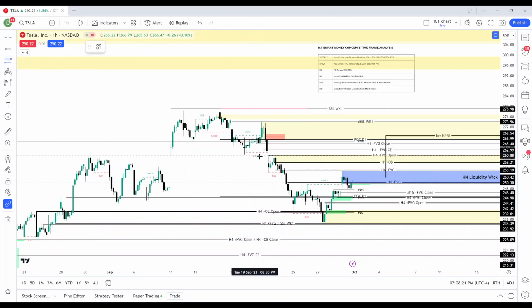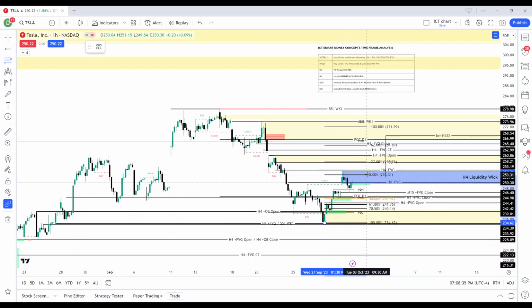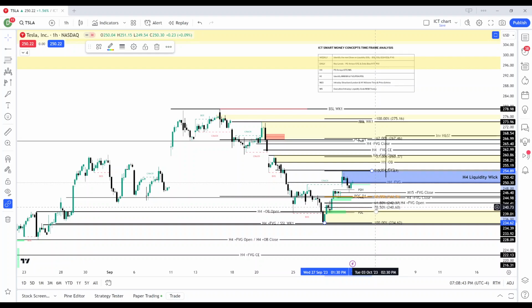Now, what we have set up for is a higher low, lower low, bullish change of character. If we are switching to a market maker buy mode, what we're looking for is a return to optimal trade entry.